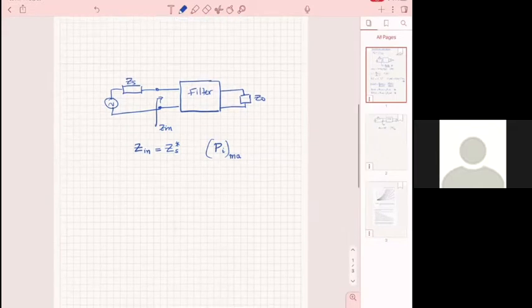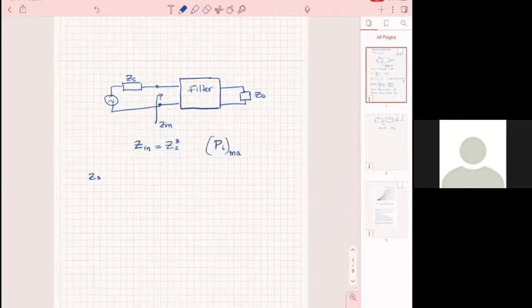And therefore, we don't have to worry if we assume that ZS equals Z naught, because everything that is going to come out of this is going to be true for any other case. Okay, that's why I made that statement.